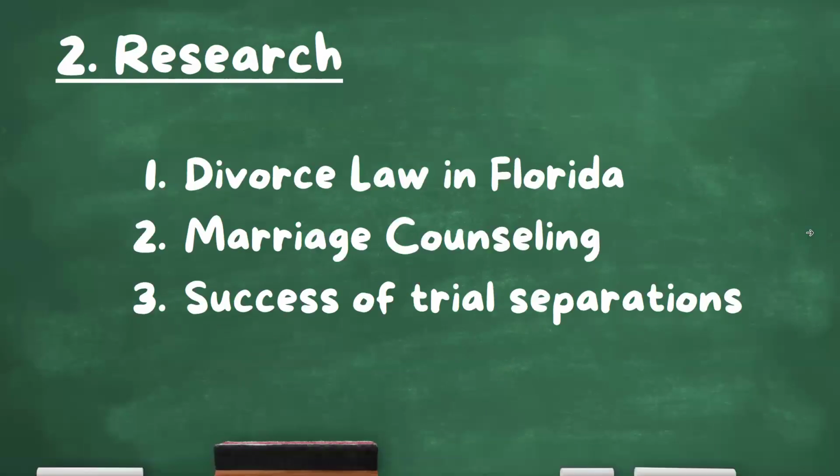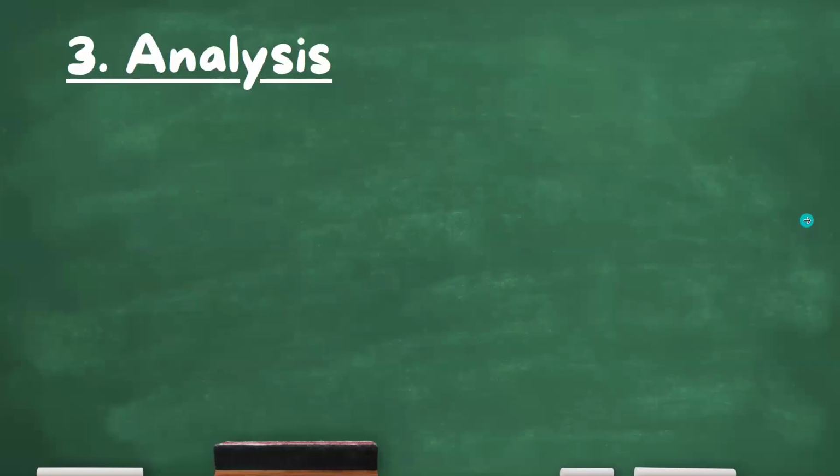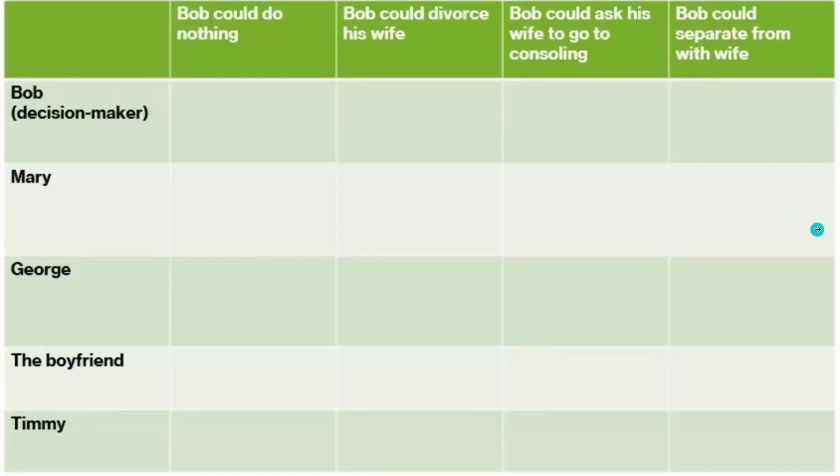So then we've done the research part. And then we get to the analysis. Now, this is what your chart's going to essentially look like. We've identified Bob as the decision maker, so he goes first. The rest doesn't matter. The only ordering that matters is your decision maker needs to be on the first line. You have to make sure your decision maker matches the person and the question that you proposed.